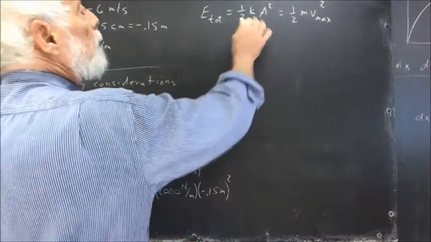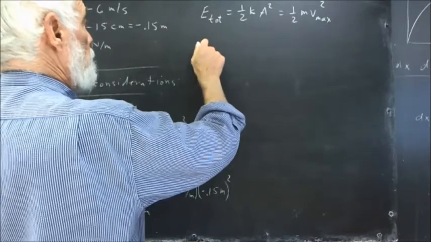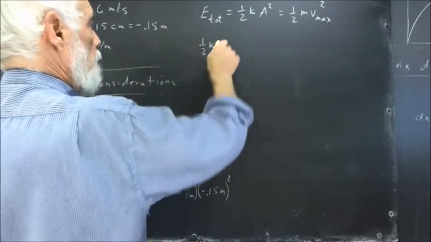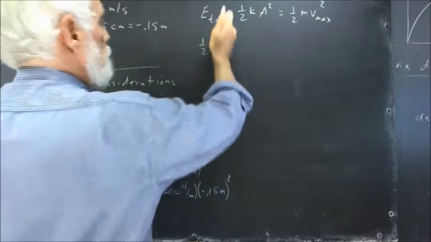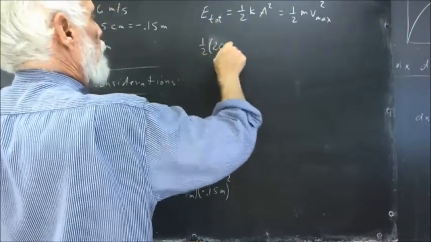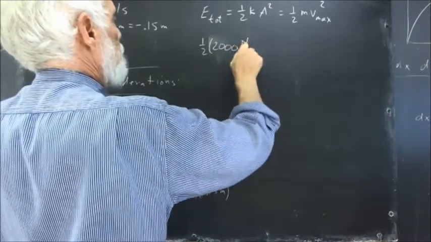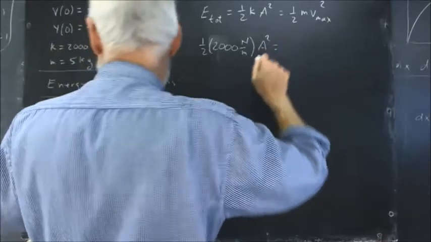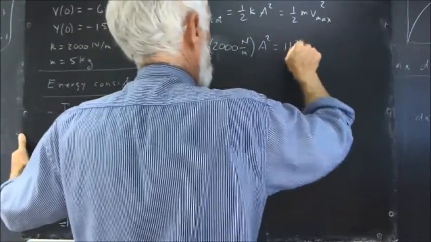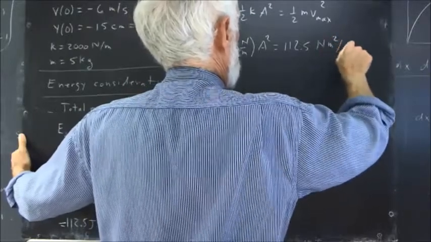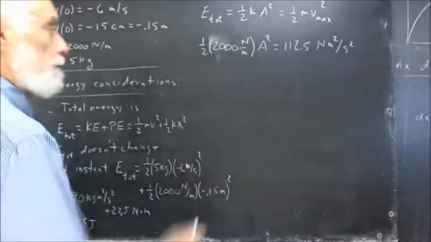Okay, well, solving this, we get 1/2 K, well, 1/2 times 2,000 newtons per meter times A squared equals 112.5 joules. I'm going to write that as Newton meters squared per second squared.